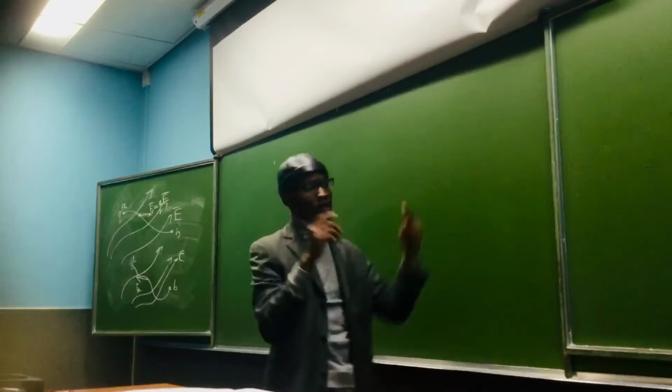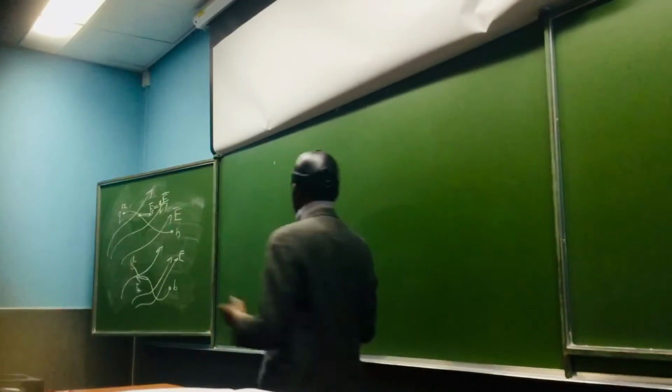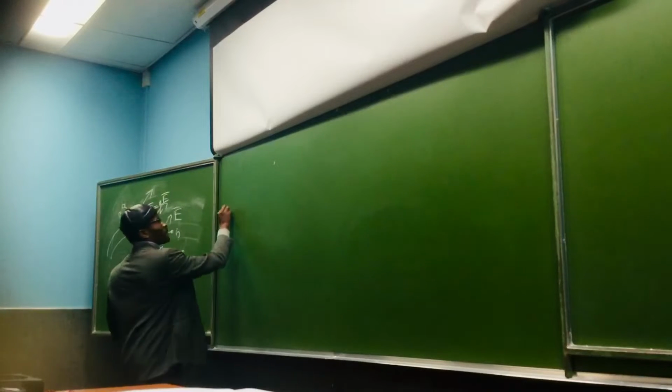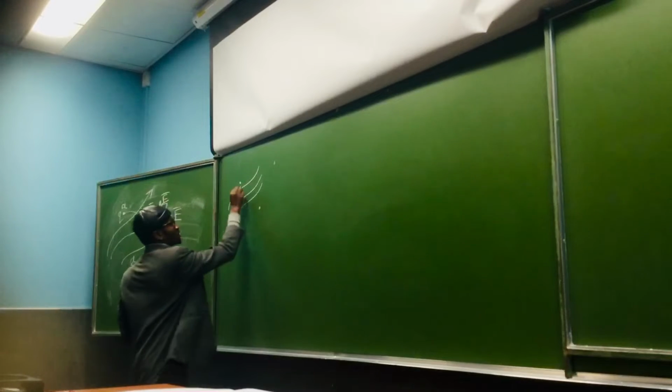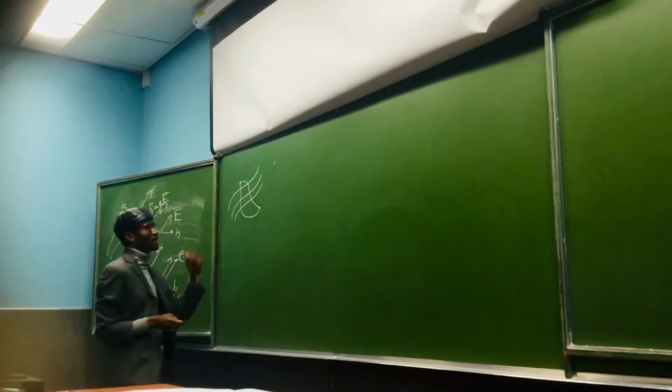Alright, now we notice something. There is a path going from A to B, and there's a path coming from B to A. So we have the following scenario: our electric field, and the charge moving from there to there and back there. There's a path it takes when it's going that side, and there's a path it takes when it's going back to that side.